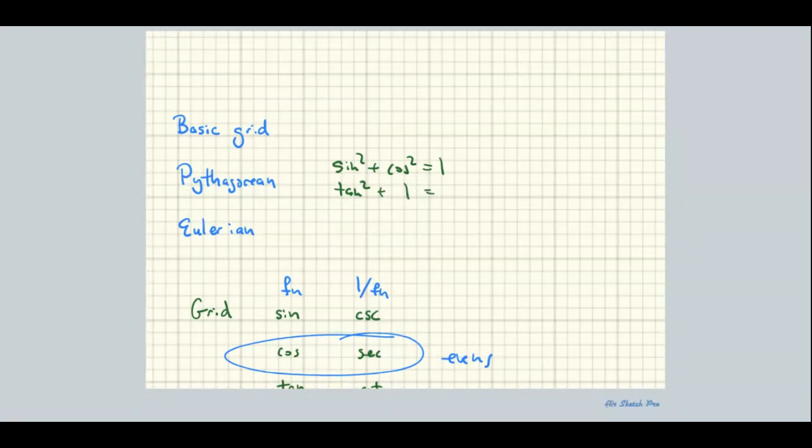One over cosine is secant, so that's secant squared. Or dividing the original one by the sine squared. And those are all the Pythagorean identities, okay?